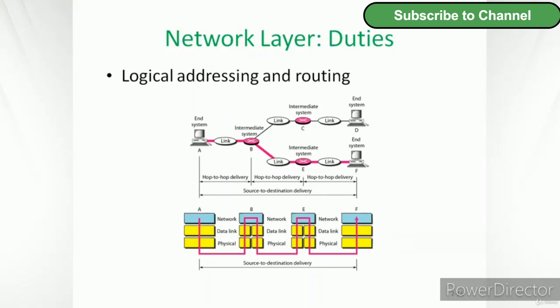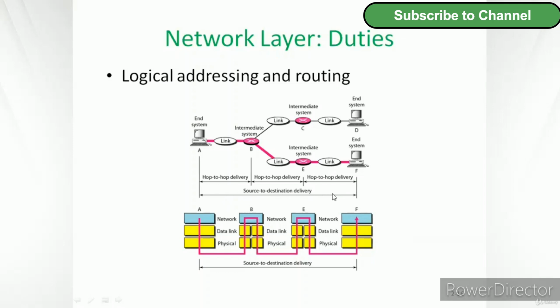So here end systems are there. This is an end system, this one is an end system, and they are connected by this link. Intermediate system, again link, intermediate system, link, and at the end system. So here, source to destination.